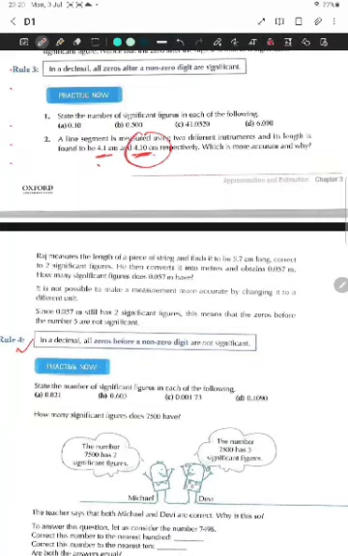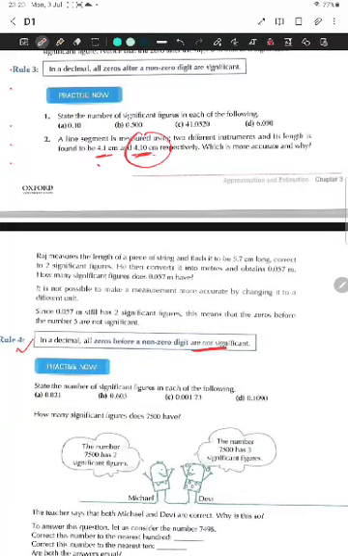Now next, we will move to rule number 4. In a decimal, all zeros before a non-zero digit are not significant. All zeros before a non-zero digit are not significant.